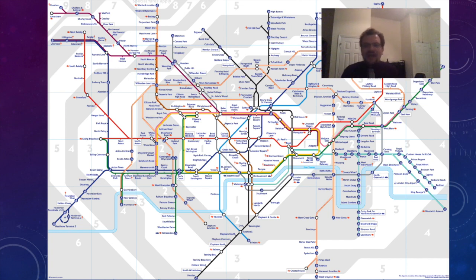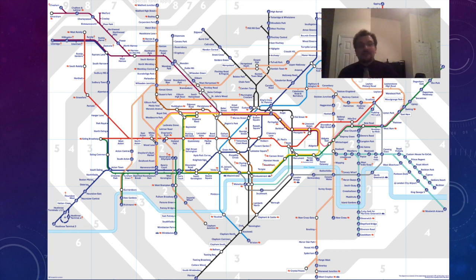So rather than the map showing exactly where everything is and the exact route that all of the trains take underground, it doesn't really matter. What matters is, hey, look, it's going from this point to that point along the way.